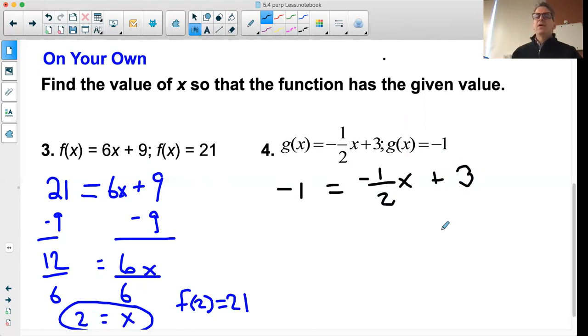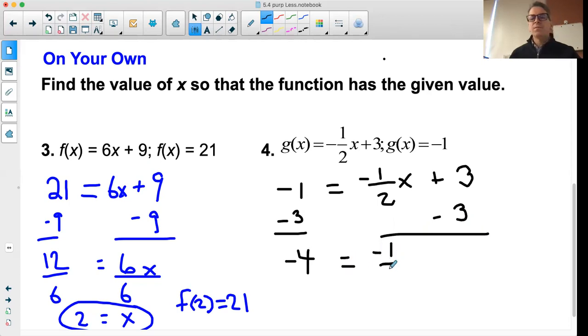Okay, and then we go ahead and solve. Subtract 3. And we'd have -1 minus 3 is -4. That's equal to the -1/2 x. And here's that fraction again.